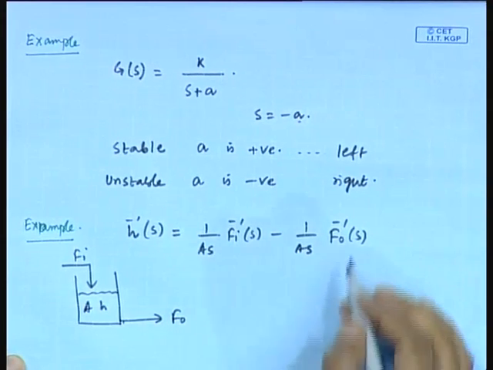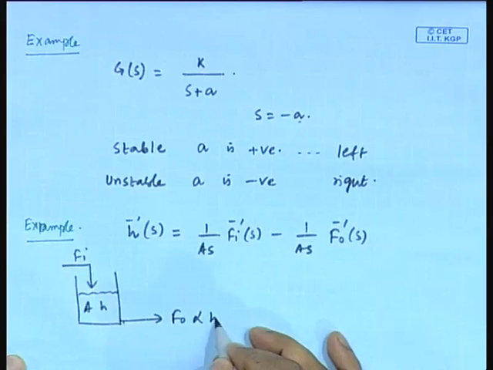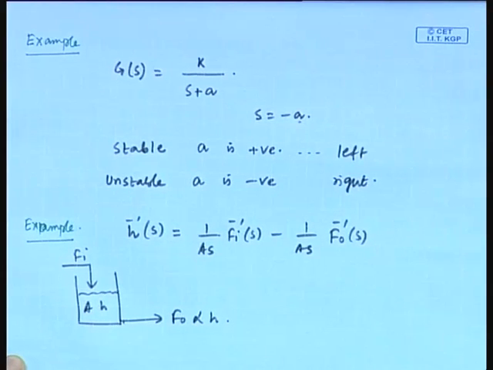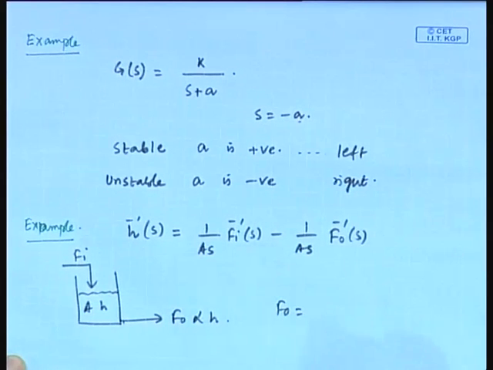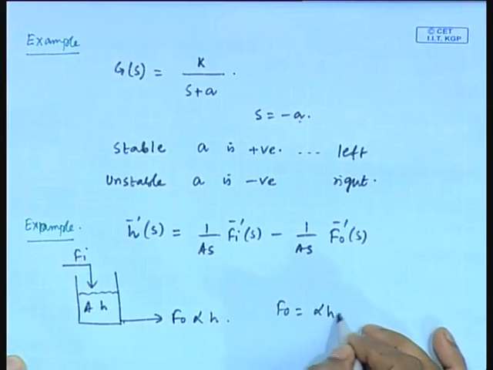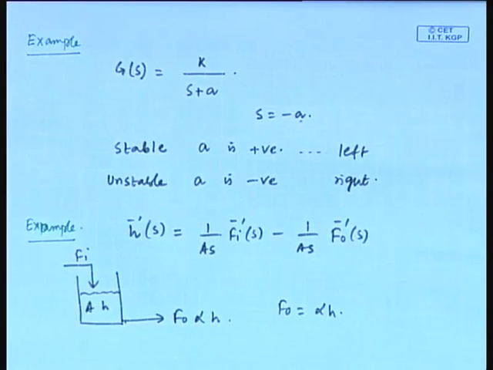Now, we can do one thing, we can consider F is proportional to h. We are just trying to modify this example, fine. Now, F_o equals, suppose, alpha multiplied by h.